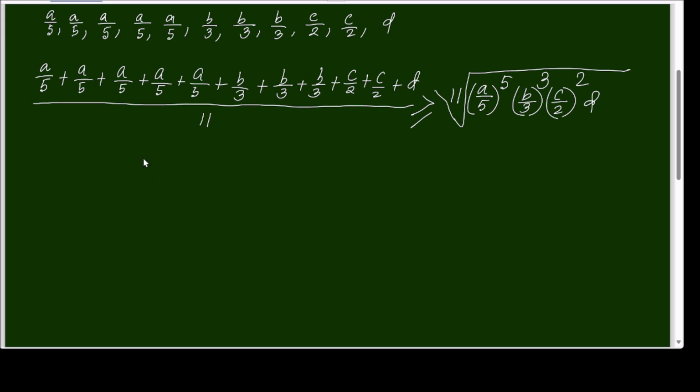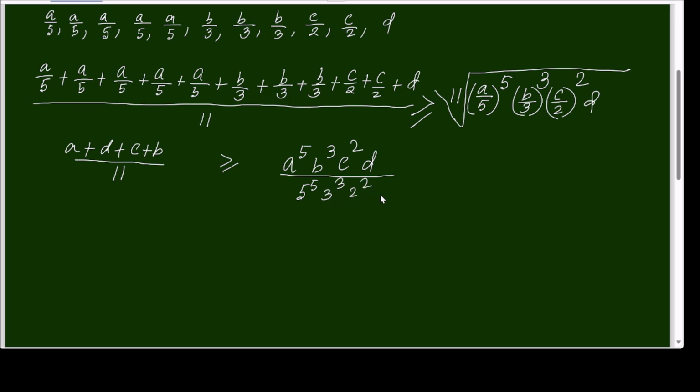So here I am getting (A plus B plus C plus D) over 11 is greater than or equal to the 11th root of (A power 5, B power 3, C power 2, D) whole divided by (5 power 5, 3 power 3, 2 power 2 and 1).